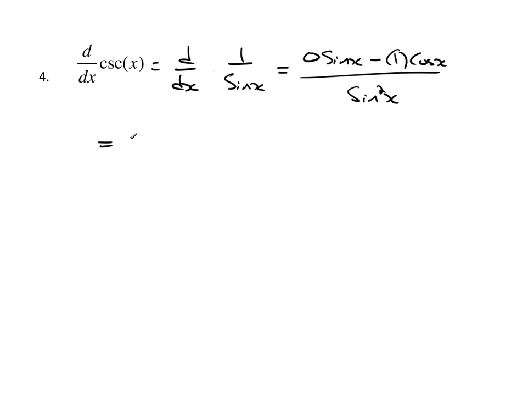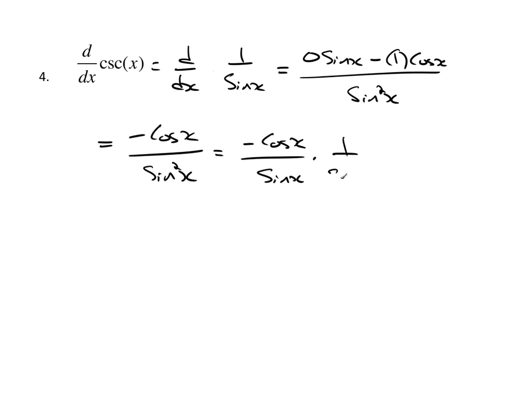That's going to be equal to a negative cosine of x over sine squared of x, which I'm going to break down to negative cosine of x over sine of x times 1 over sine of x, and that is equal to a negative cotangent of x times cosecant of x. Let me fix that real quickly there. There we go. Cosecant of x. So the derivative of cosecant is a negative cotangent cosecant.